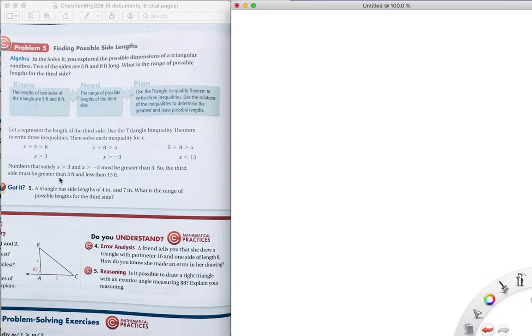So for this one, we have 4 and 7, and we have to find what the third side could be. It can be a lot of numbers. So the way that we do these problems is that we have to find the range. We have to find the biggest number it can be and the smallest number it could be. And we do this by doing the 3 scenarios.